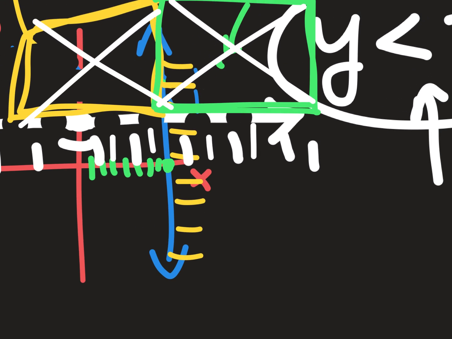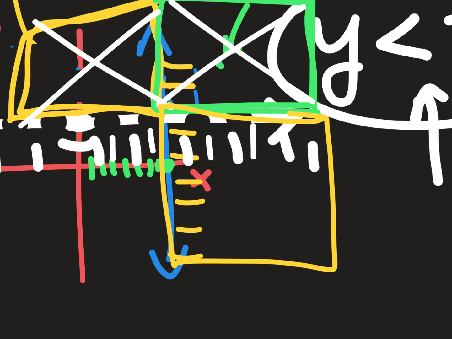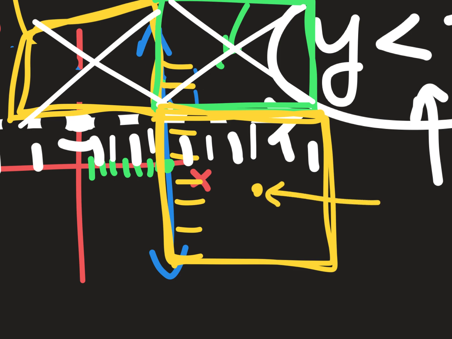And I probably can guess which one is it. I'm going to use yellow again. It's this area right here because it's got white shading in it and it's got yellow shading in it. So you pick any point in there, any point, doesn't matter. That's going to be like the point 15 comma negative 2. That point works because it's in the shaded area where both of them are shaded.